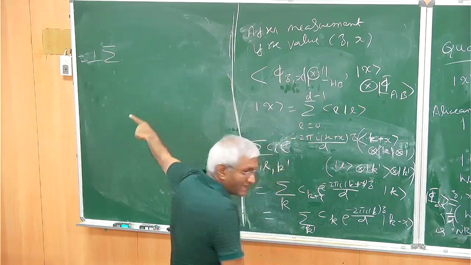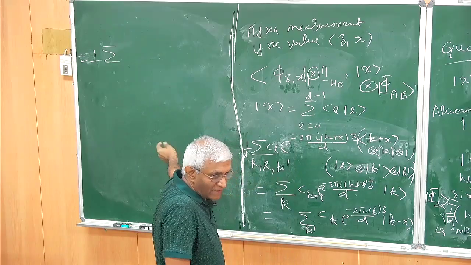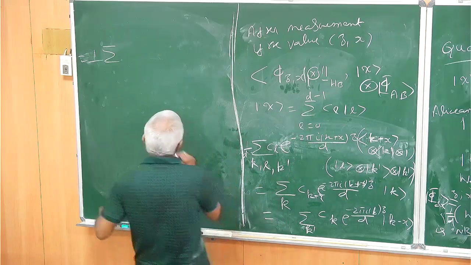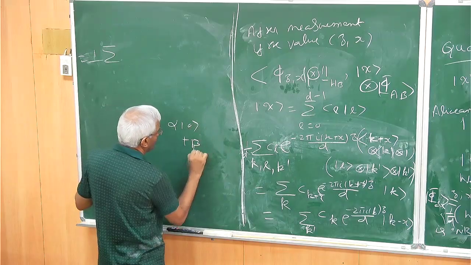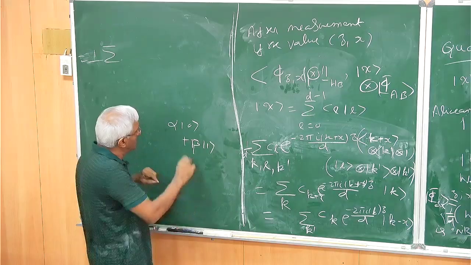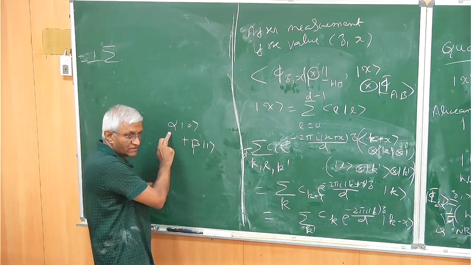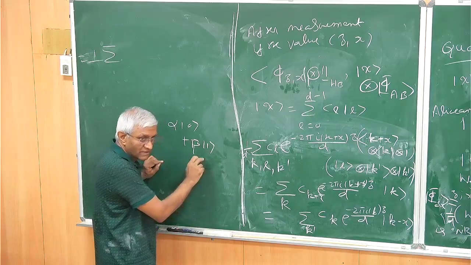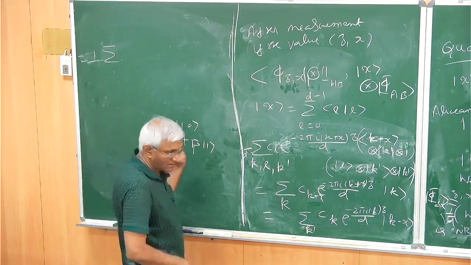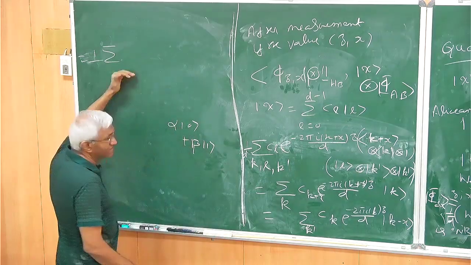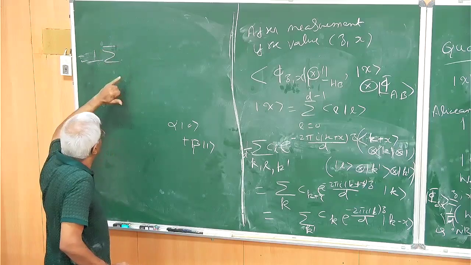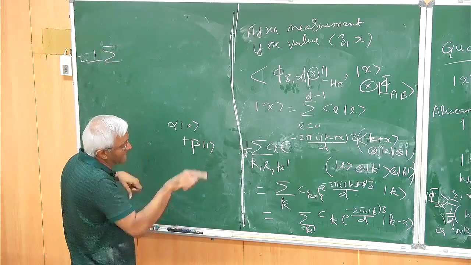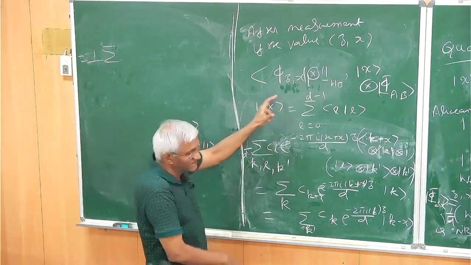So 1 by d you are getting here, that's okay. But actually, if you have this vector alpha 0 plus beta 1, the probability of getting this is mod alpha square. Probability of getting this is mod beta square. This is the vector you are getting, each vector, but the probability will be trace of the corresponding states.